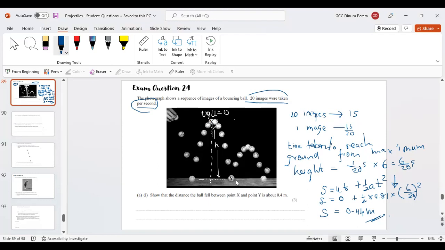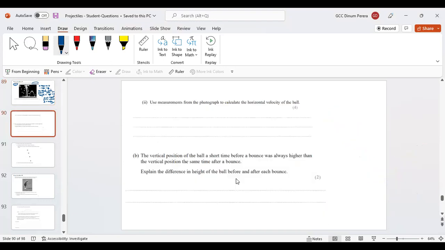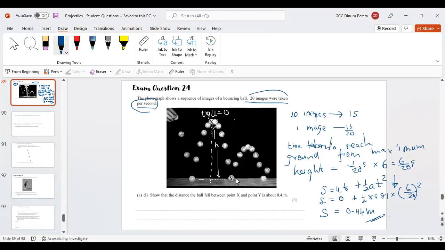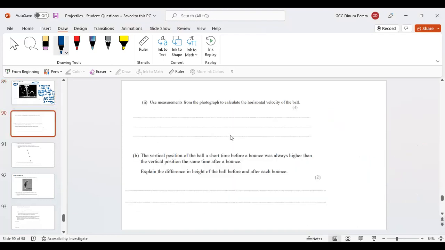Okay, shall we move to the next part, part 2? Use measurements from the photograph to calculate the horizontal velocity of the ball.